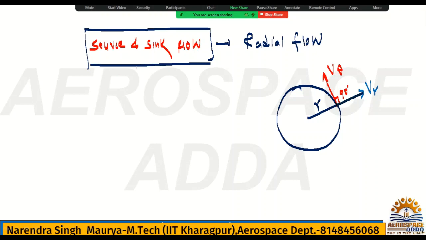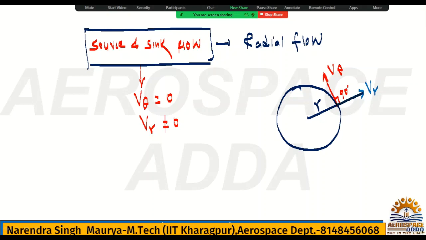So for source and sink flow, if it is radial flow, definitely the tangential component will be 0, only the radial component will be there. Why tangential will be 0? Because it is radial flow. That flow is going in or going out radially, not tangentially. If it is tangential flow, it becomes a vortex. So there is no rotation in this source and sink.